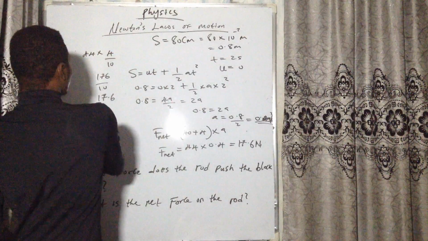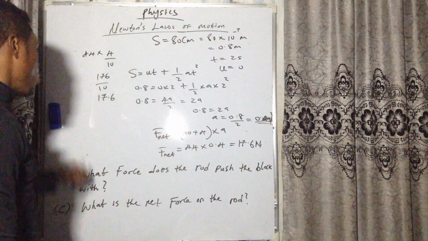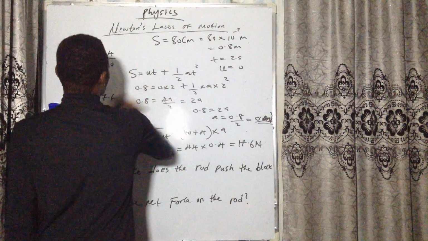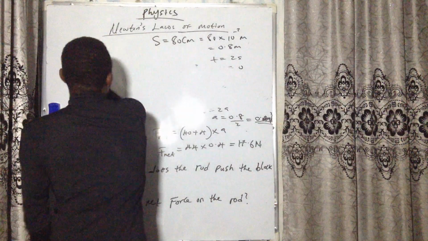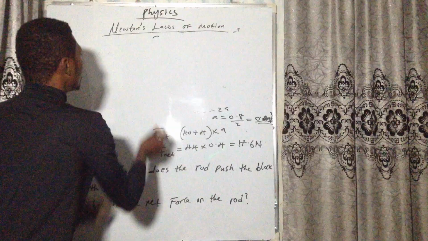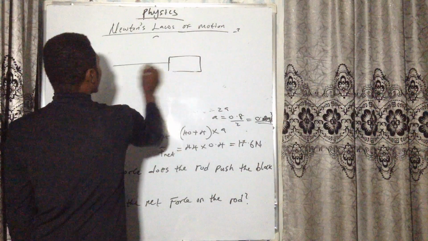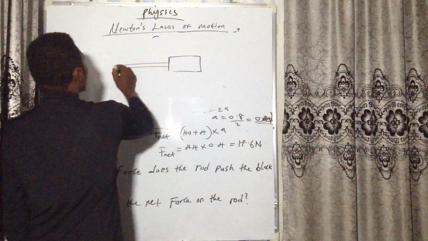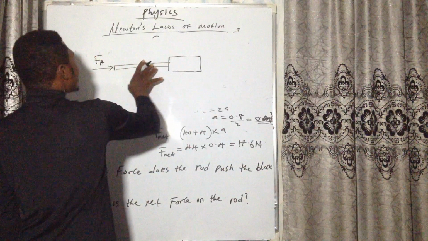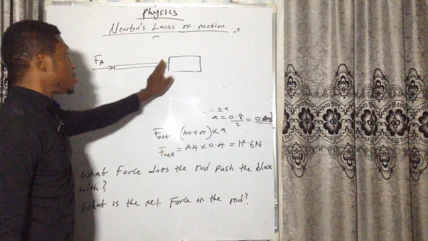So the second question is, what force does the rod push the block with? Look at the force here: this is the block, and this is the rod. This is the applied force, FA. They ask what force this rod pushes this block with.